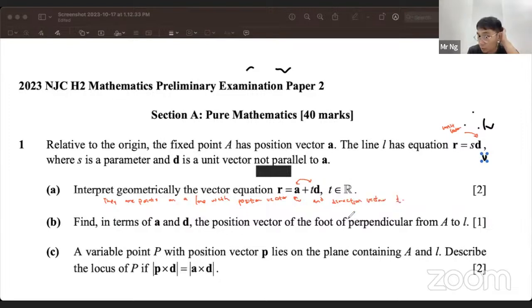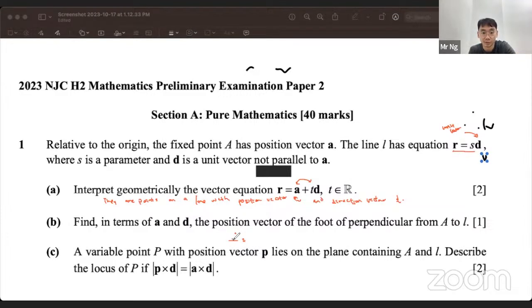Now for the foot of perpendicular. So A is here, then L is here. To know that the previous part, that equation is not line L. Line L is this. Line L passes through 0, 0, 0.